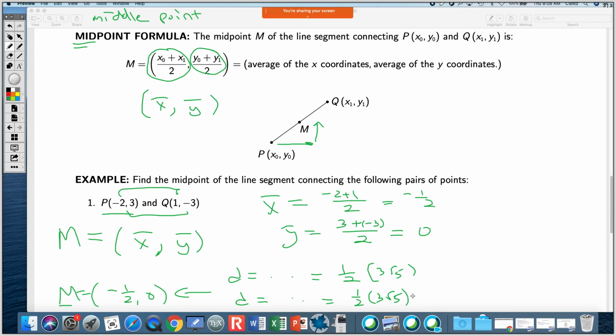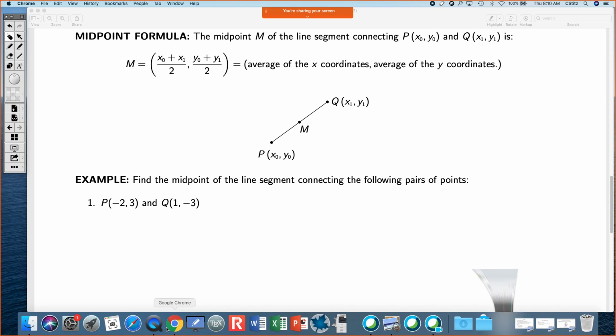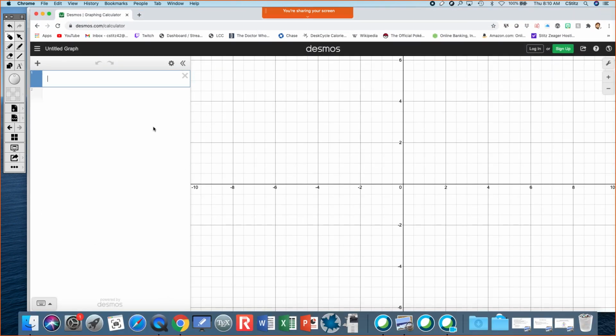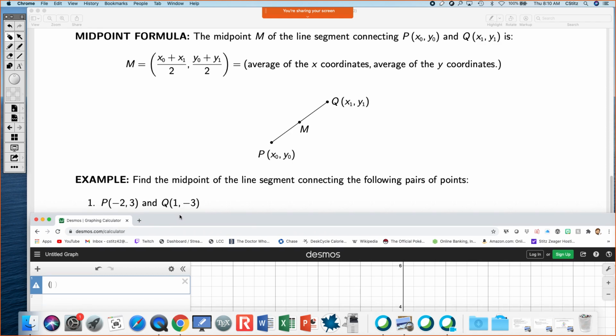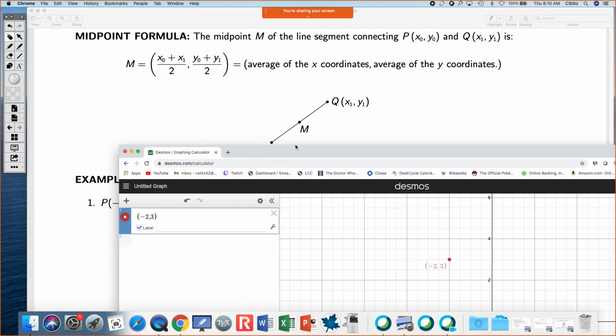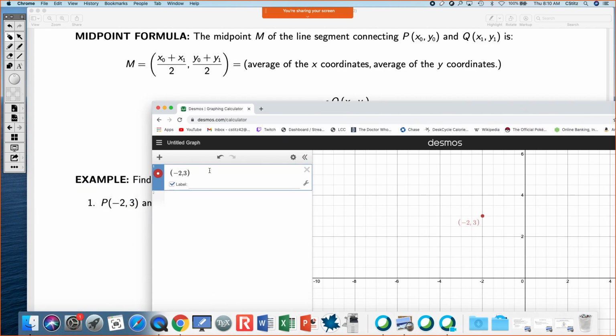Let's plot this on Desmos to see if it seems reasonable geometrically. So our points were negative 2, 3, and 1, negative 3. You can even label that as P if we want. 1, negative 3.